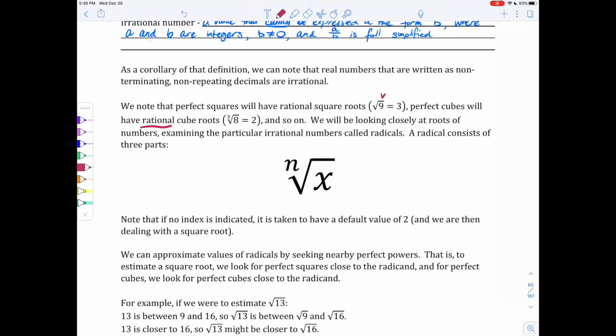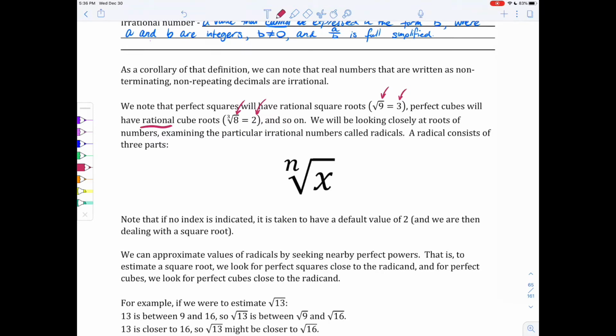So for example, 9 is a perfect square, so the square root of 9 will give us a rational square root, which is 3. In the same sense, 8 is a perfect cube, so its cube root will also be rational here. So our perfect squares and perfect cubes will have rational square and cube roots.